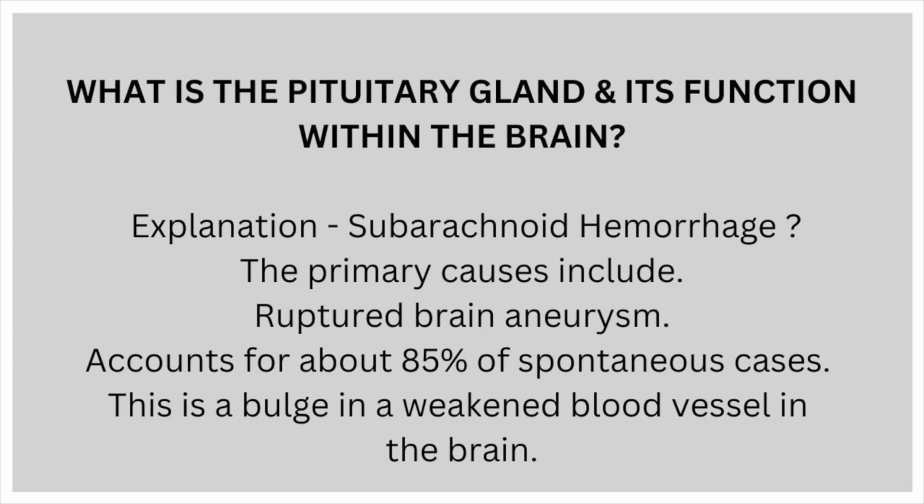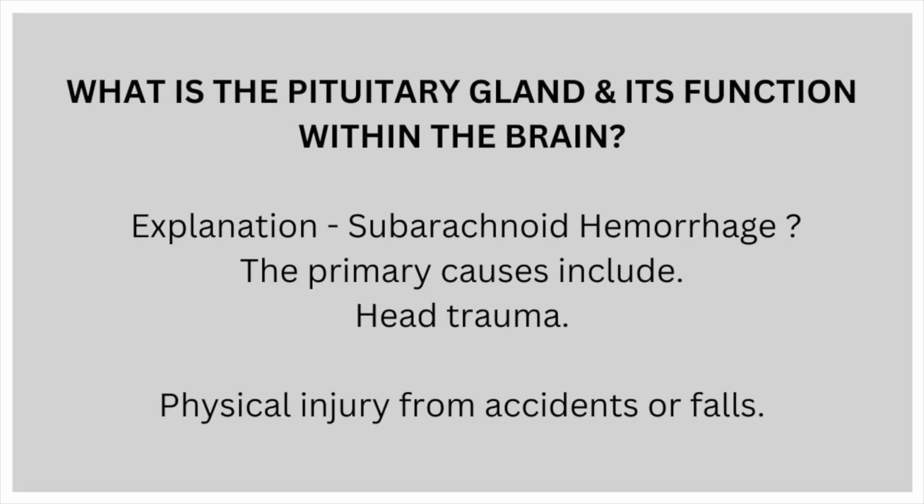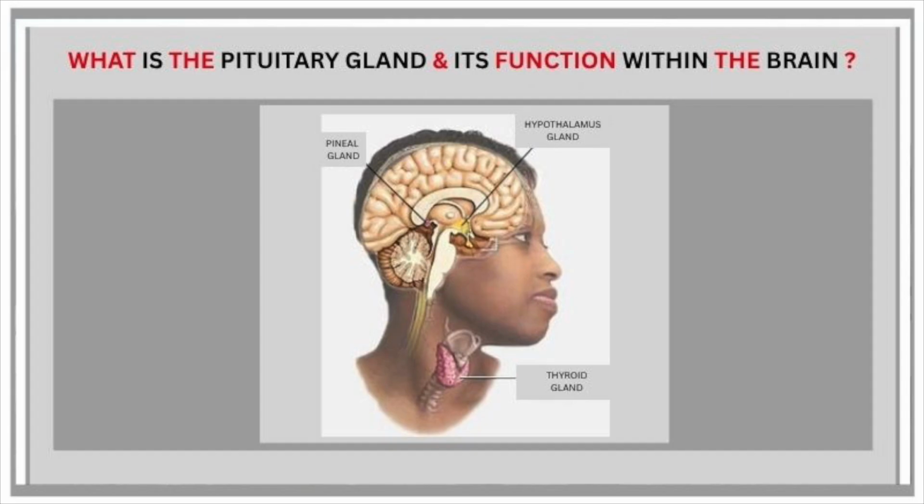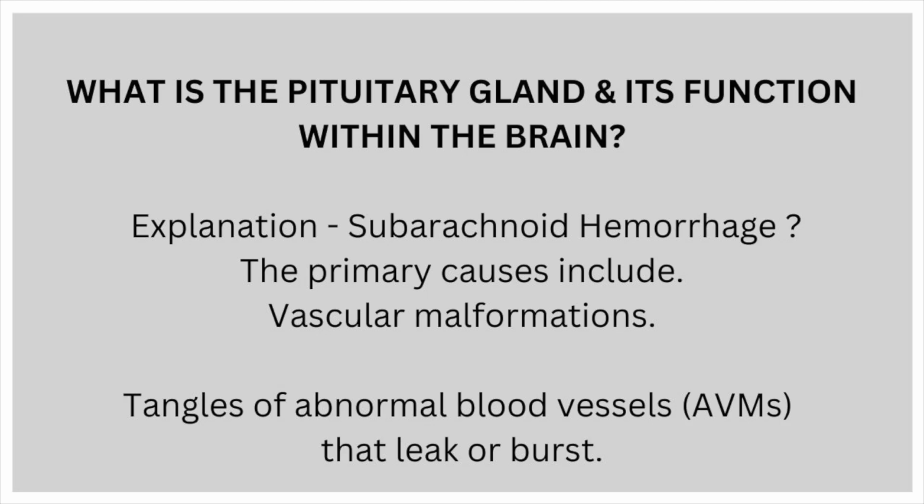This is a bulge in a weakened blood vessel within the brain. Head trauma, physical injury from accidents or falls. Vascular malformations. These are tangles of abnormal blood vessels that leak or burst. The health specialists would call these AVMs.